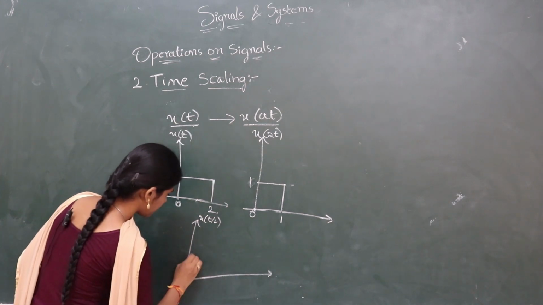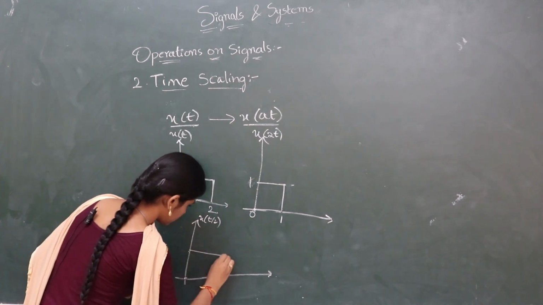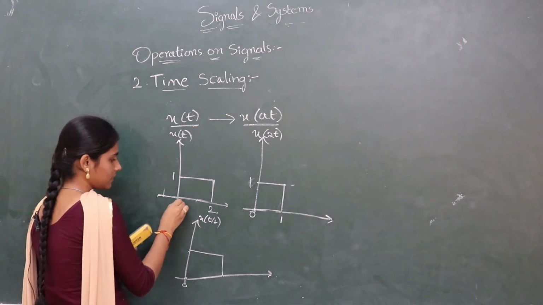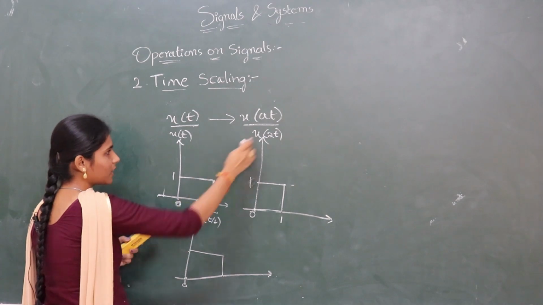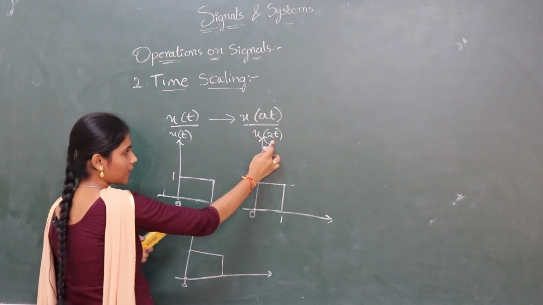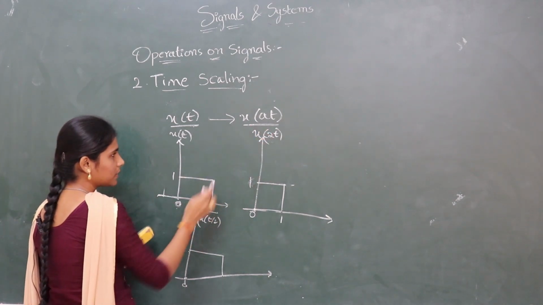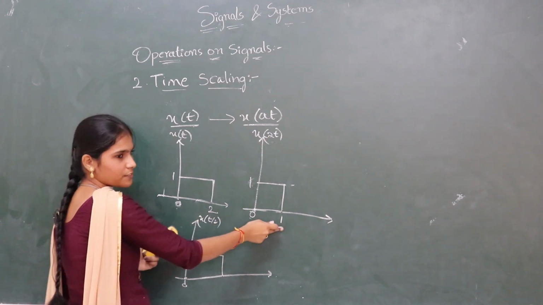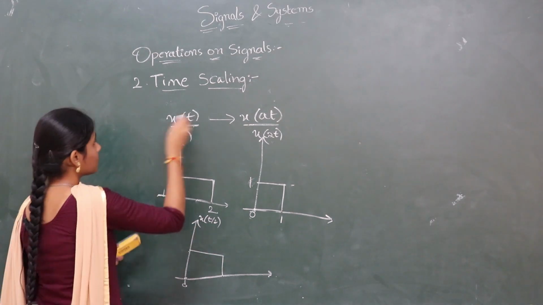Here is a small tip: the time intervals must be divided by the scaling factor. Here the scaling factor is 2, so I am dividing the time intervals by 2. 0 divided by 2 is 0 and 2 divided by 2 gives 1. This is the tip.